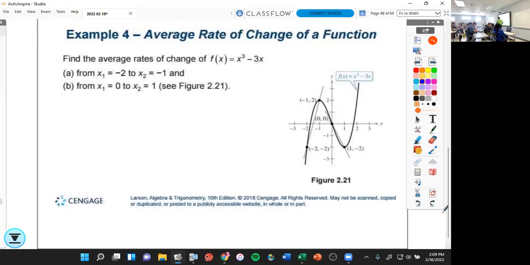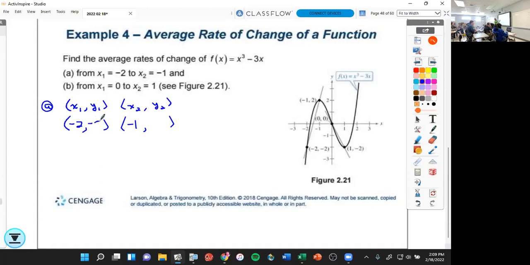We have x1, y1, and we have x2, y2. In part A, the x1 they gave me is -2, and the x2 they gave me is -1. So what is y sub 1? What is the y value that goes with -2?